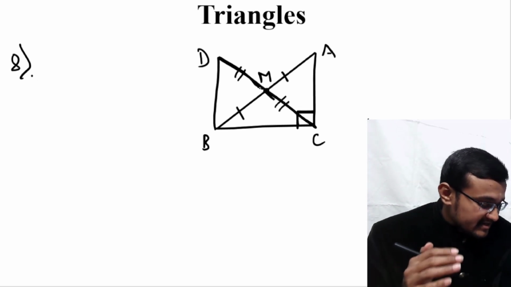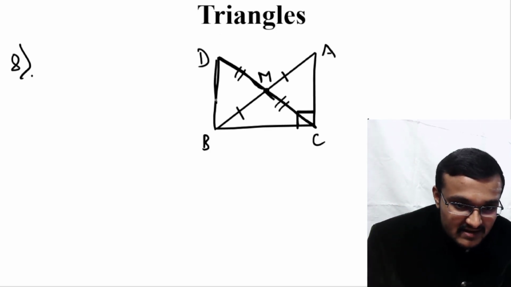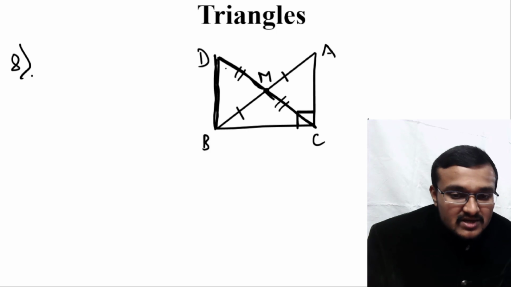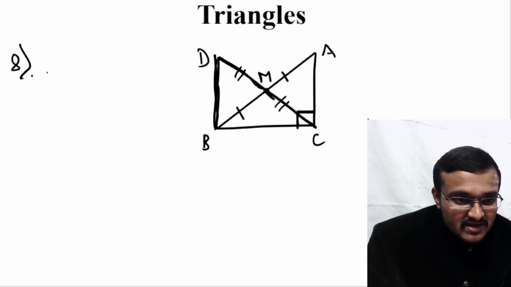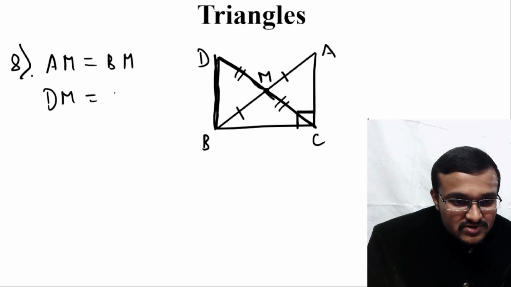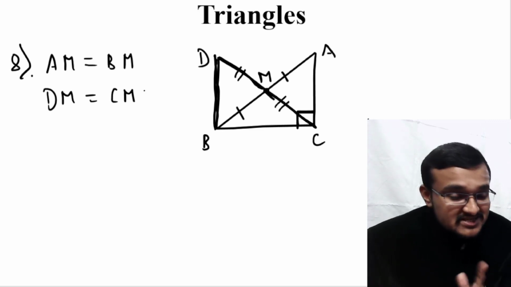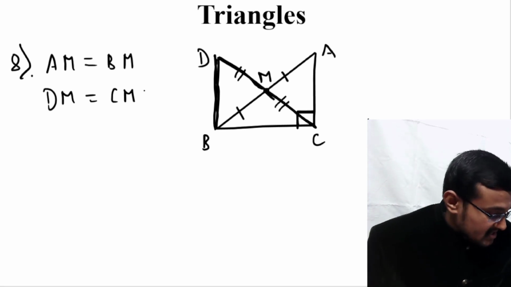Now point D is joined to point B. So that means this particular line we have drawn here. So based on this data, what we are understanding is AM is equal to BM, and DM is also equal to CM. So these two data we are getting based on this statement.